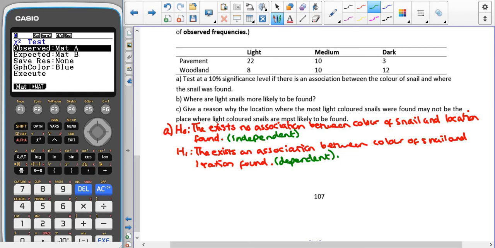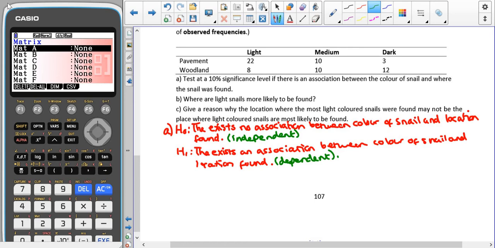Then we need to go to the arrow mat, not this one here, but this one here, because this one would change the matrix that these two are looking at, which we don't want to do. Arrow mat is where we're going to put our data in. So we go into this, and then we need to put this two-way table into this bit here.